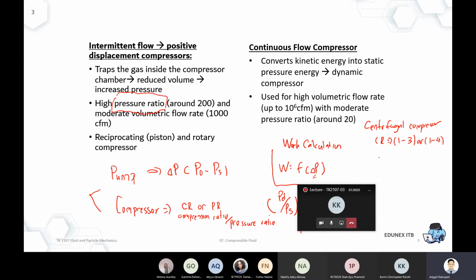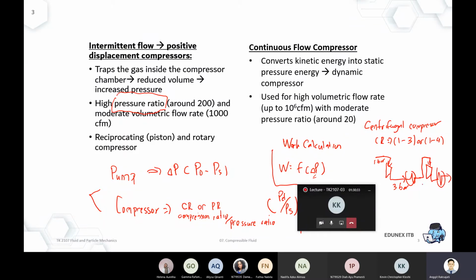So for a centrifugal compressor, if you start from 1 bar and choose a compression ratio of 3, now you get 3 bar. Then you will have to cool it because it's already very hot. Then you go to the second compressor, and you cool it again and so on.